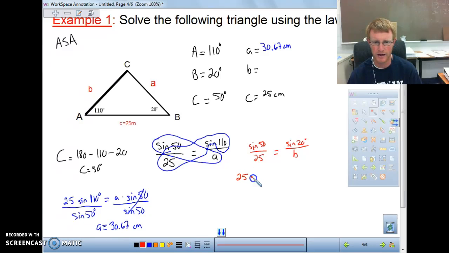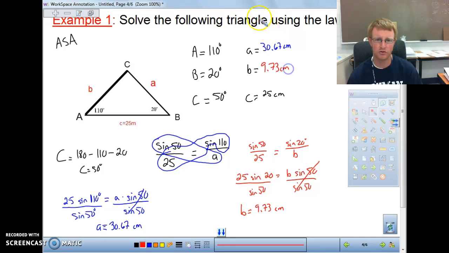So we have 25 sine of 20 equals B sine of 50. Once again, we're going to divide both sides by sine of 50. And everything now is all calculator work. So once you have your proportion and you isolate your variable, you're just putting the rest in the calculator. You put this into the calculator and you get 9.73 centimeters.